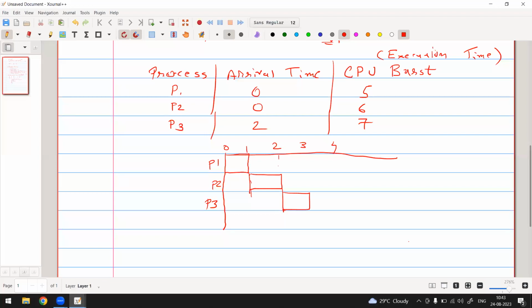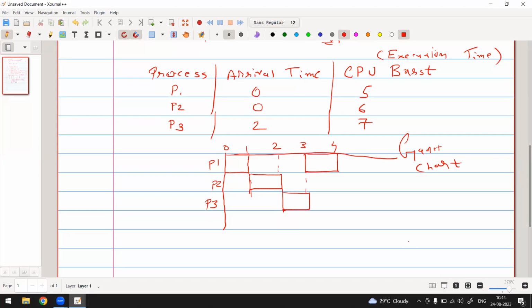Like that we can mention the time duration. Again, from 3 to 4, process P1 will execute. So this is called your Gantt chart for the process scheduling. And a Gantt chart will basically give the timeline of how the processes are executed as per the scheduling policy.